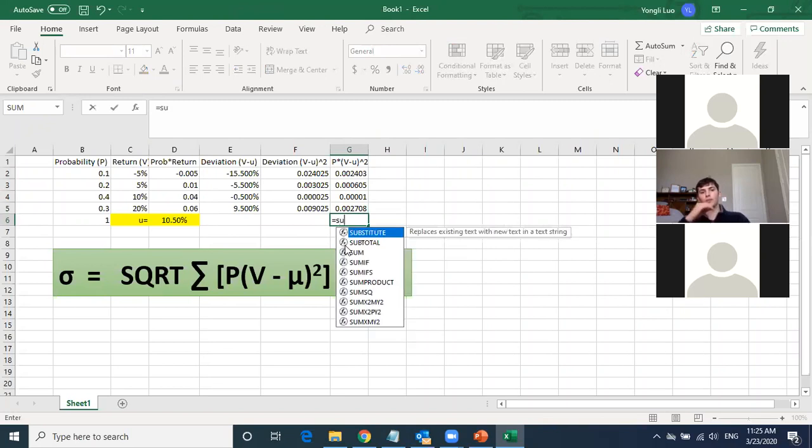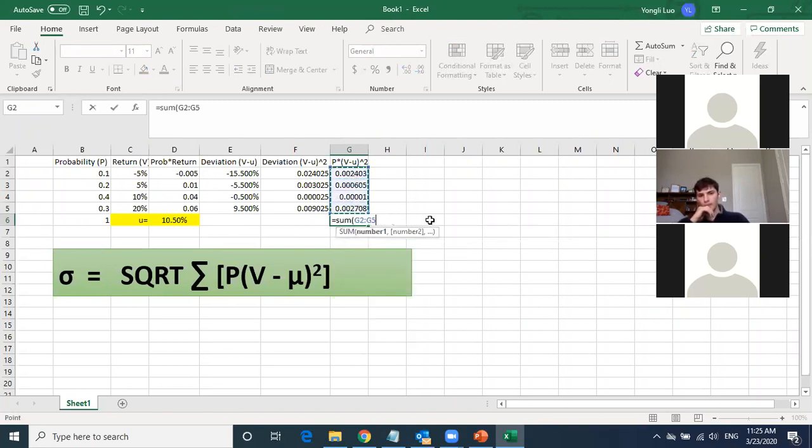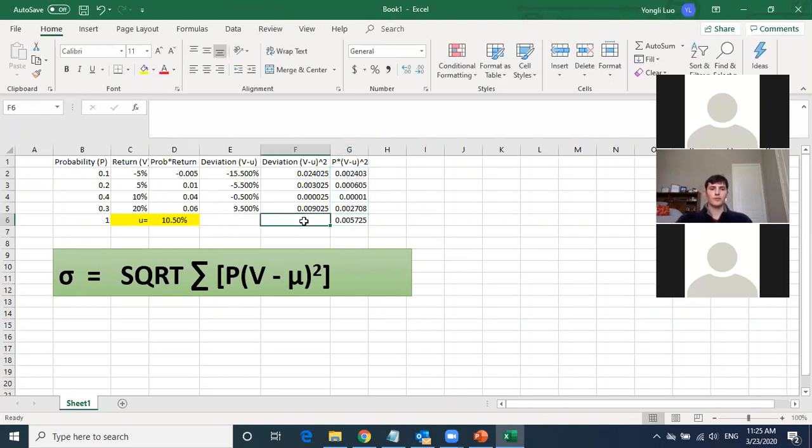So using the sum function, sum them up. Okay, you click on enter. This is called variance.